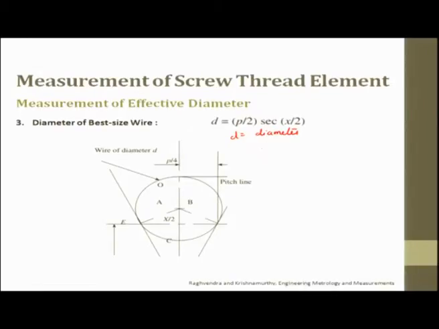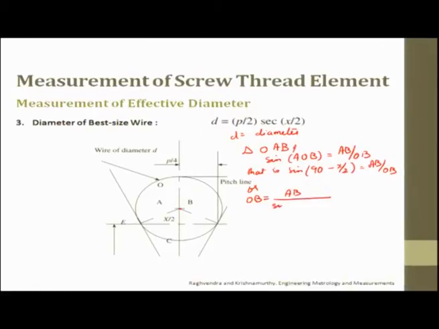So, when you take the triangle OAB, we get sin AOB equal to AB by OB, that is sin 90 minus x by 2 will be equal to AB by OB, or OB equal to AB by sin of 90 minus x by 2.